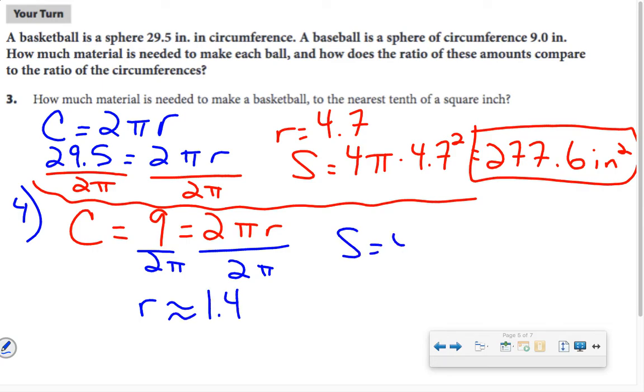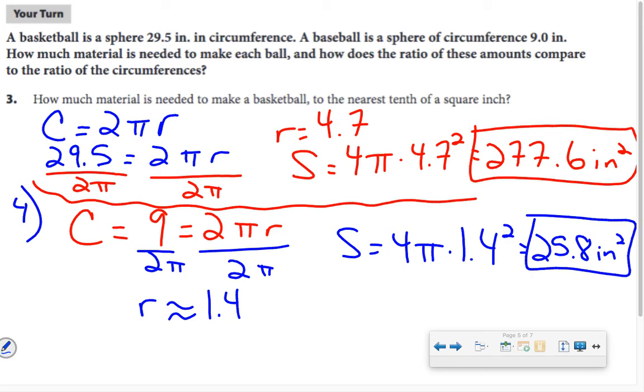So S is 4 pi times 1.4 squared, giving me approximately 25.8 square inches.